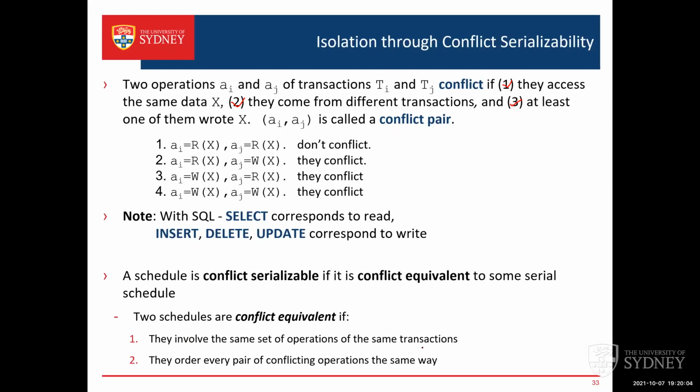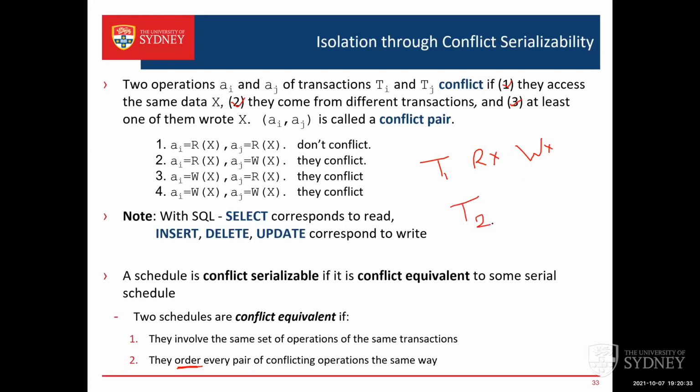If we are in the same transaction, then we'll perform the same operations. Definitely, that condition is 99% of the time satisfied. The second condition is the interesting one: they order every pair of conflicting operations in the same way. What does that mean? The order is important. That's what this is saying. So in one transaction T1, if I'm reading first and then writing X.